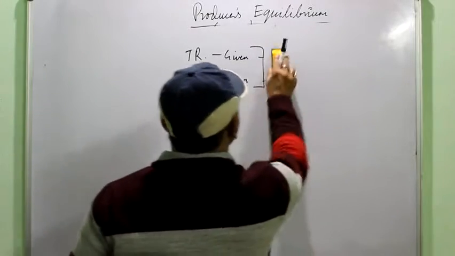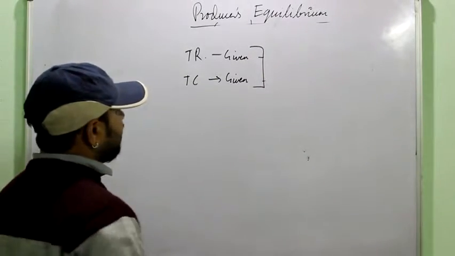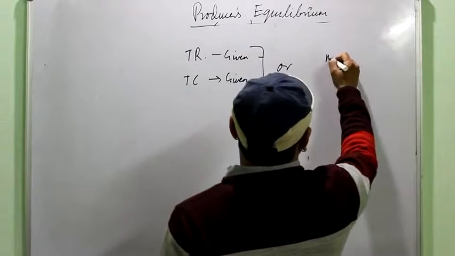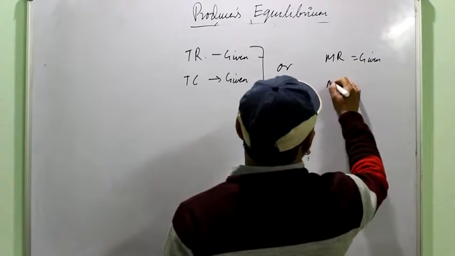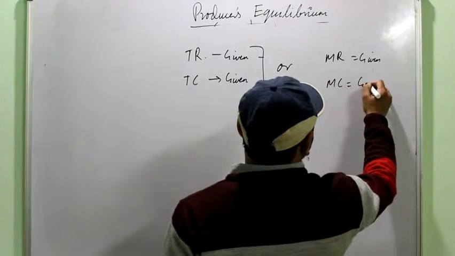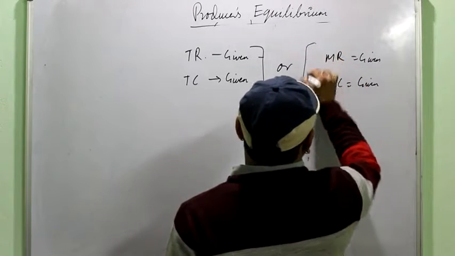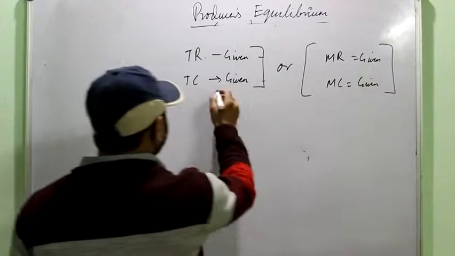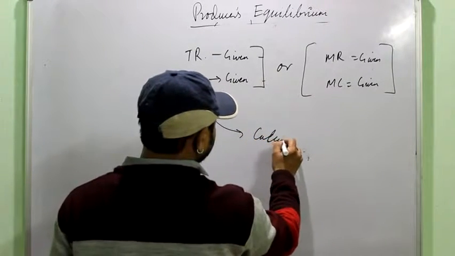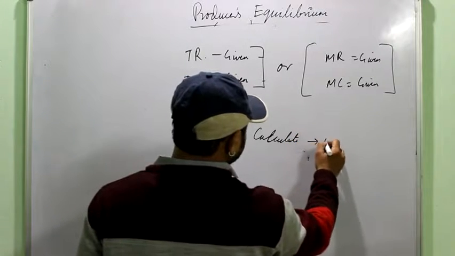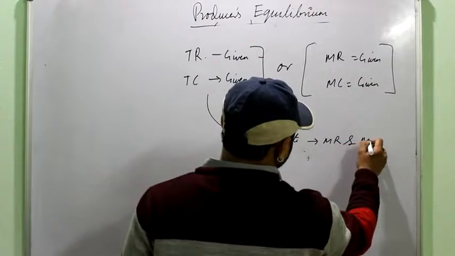Then for the MR-MC approach, again there are two things. Maybe TR and TC are given, or maybe MR and MC are given. See, if TR and TC are given, then you first calculate MR and MC.